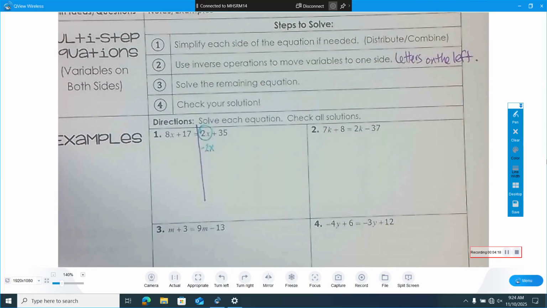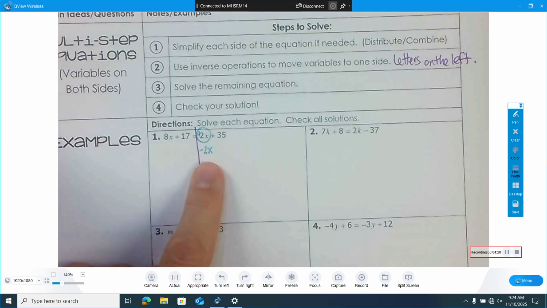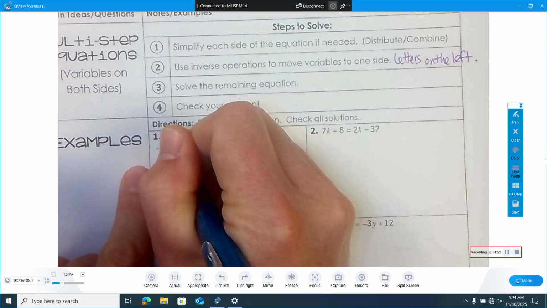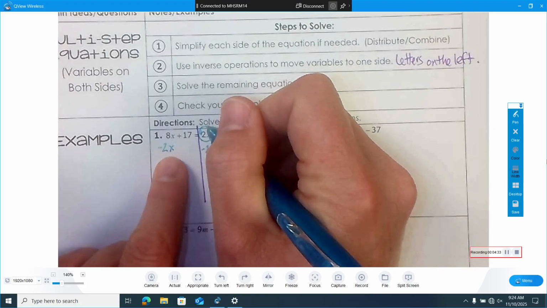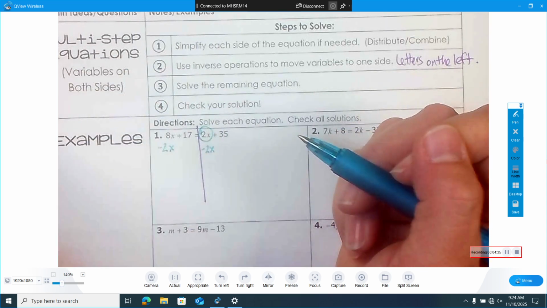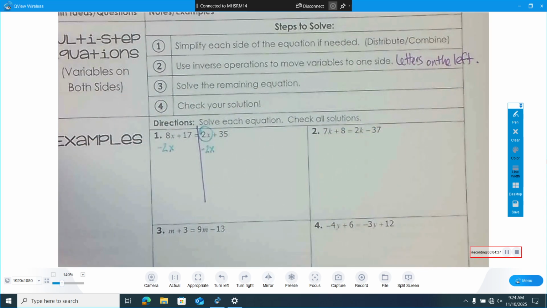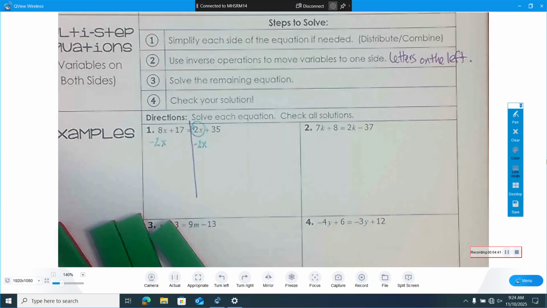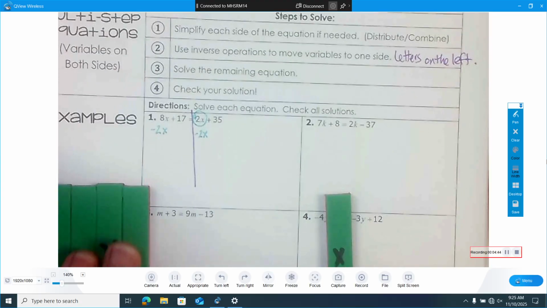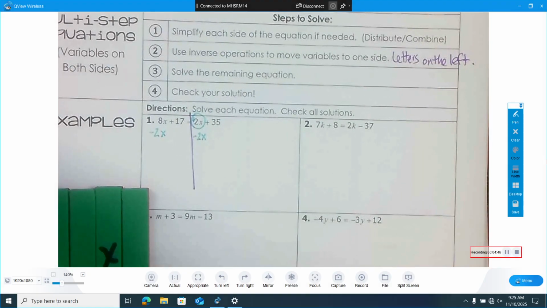Just like we took it off of the balance, we're going to subtract 2X, but I'm going to do it from both sides. I'm going to line it up with my 8X because they're friends. They're both like terms. So when I remove something, I'm not dividing, I'm actually subtracting it away, right?